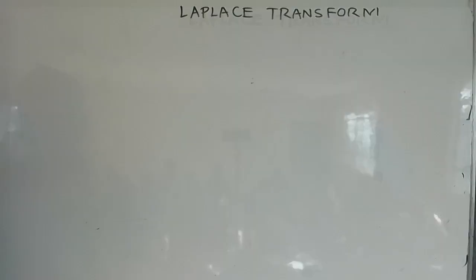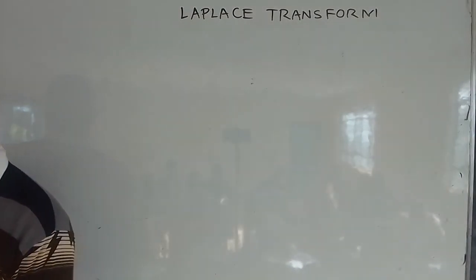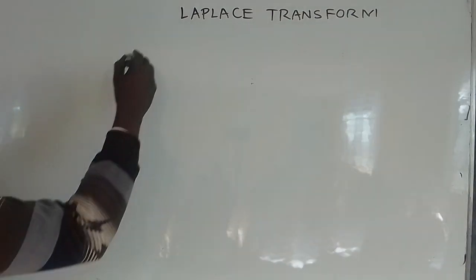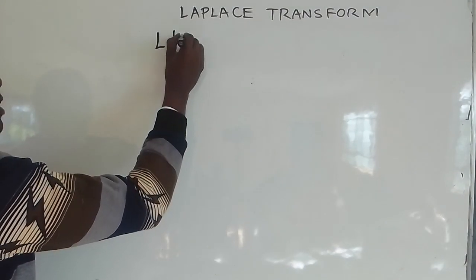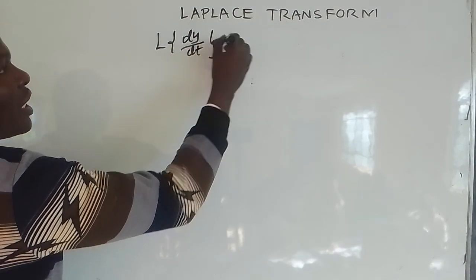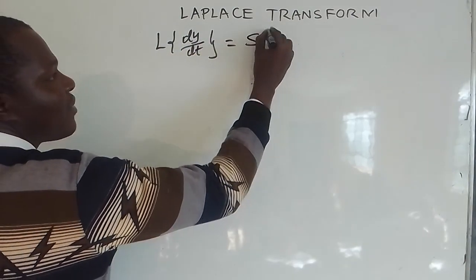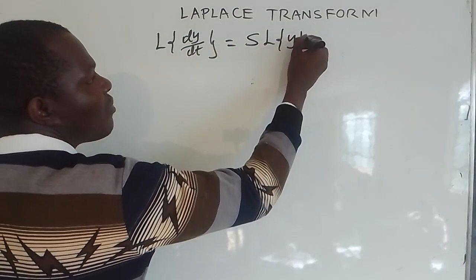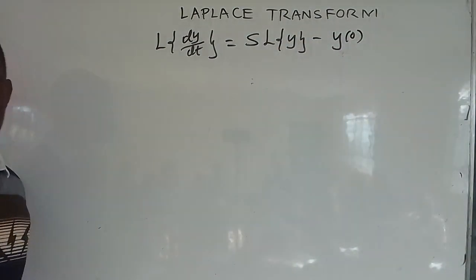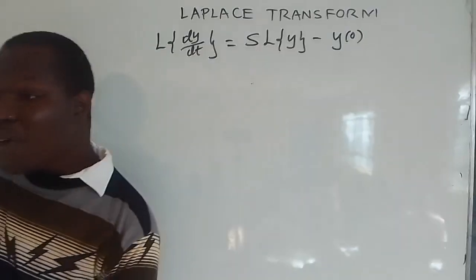So that one, we've seen how the first order derivative could be transformed using Laplace transform. Now, we've seen that the Laplace transform of dy/dt is given as the Laplace transform of y minus y of 0. Meaning y of 0 is a boundary condition.